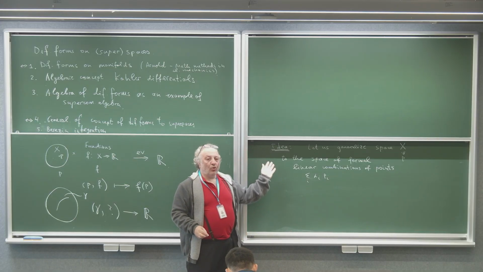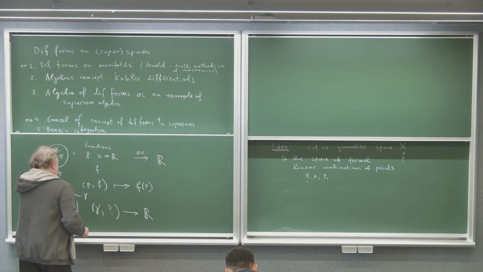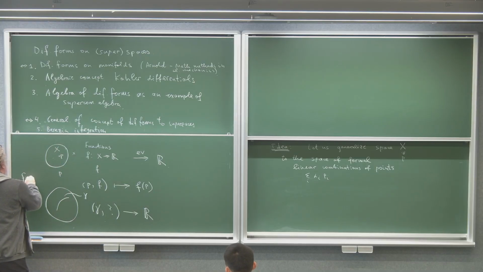So why we are going to do this? Because on the space of figures, there is an important concept of a boundary. And boundary of a figure could be not just one point, it could be a set of points.